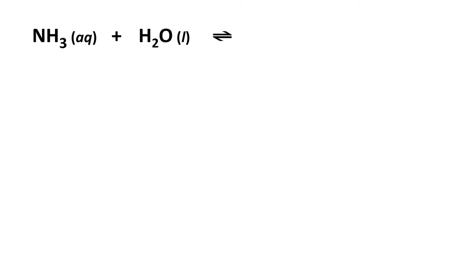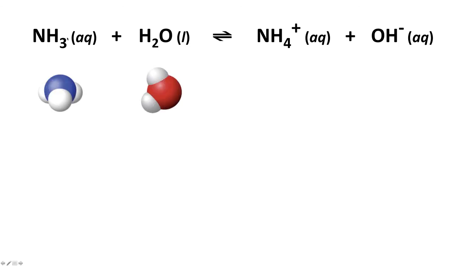And one more. Let's deal with a base. NH3 in aqueous solution makes NH4 plus and OH minus. And NH3 is a base in the Arrhenius sense because it produces hydroxide ion in aqueous solution. And in the Bronsted Lowry sense, if we look at our molecules, NH3 has a lone pair that can accept a hydrogen from the H2O.